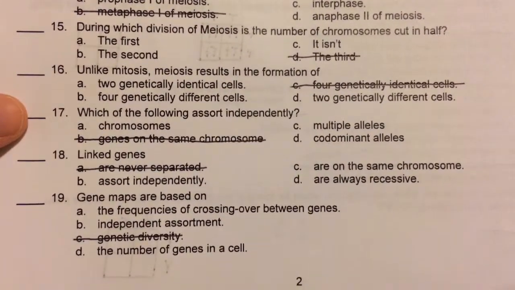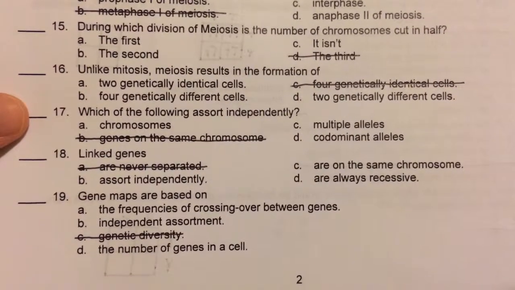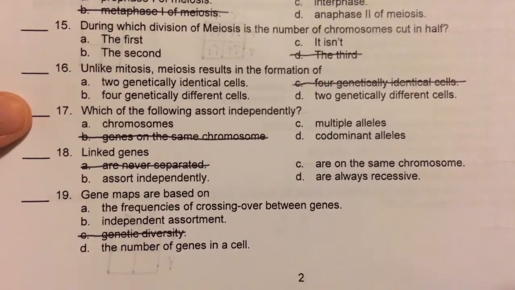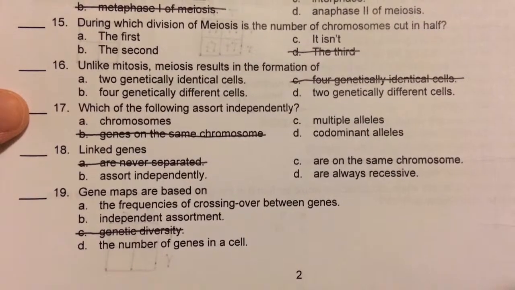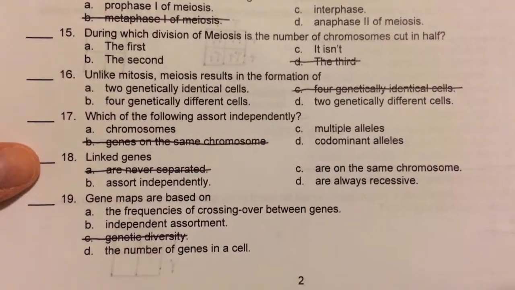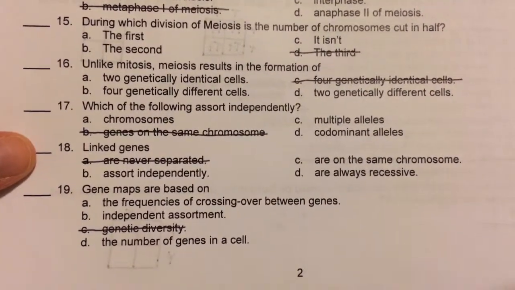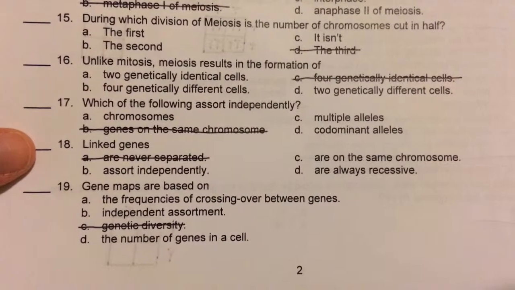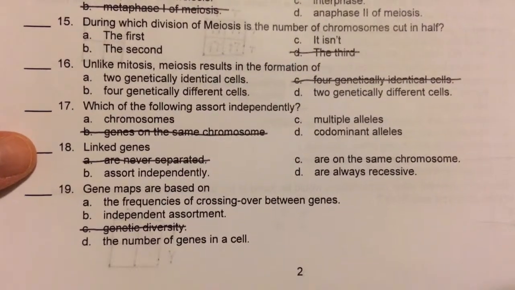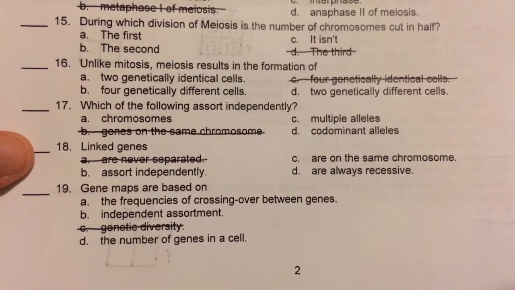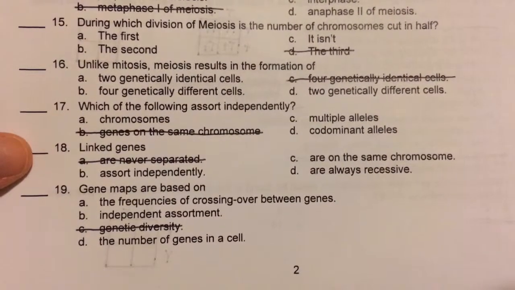A, chromosomes, B, multiple alleles, or C, codominant alleles. Number 18, linked genes A, assort independently, B, are on the same chromosome, or C, are always recessive.